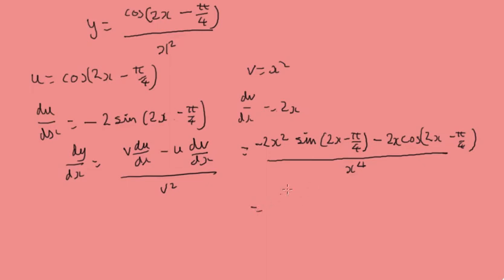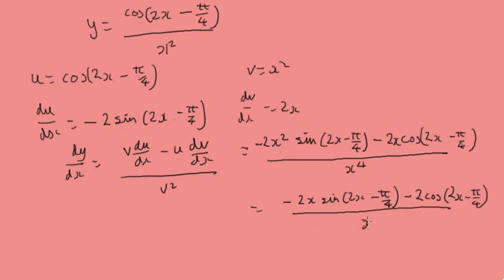Now we can take x's out, and that will give us minus 2 times, this x is taken out, so it's just going to be 1x there now, sine 2x minus pi over 4, minus, and this x has been taken out, so it's just 2 cosine 2x minus pi over 4, all over x cubed, because we've cancelled that out.